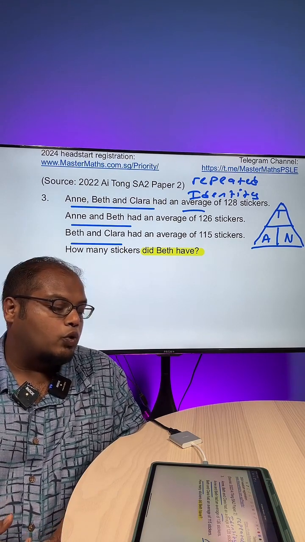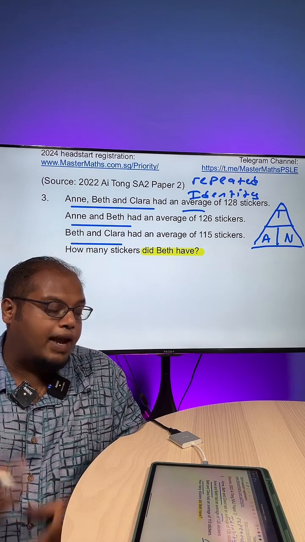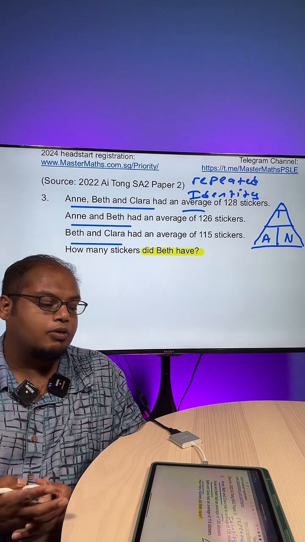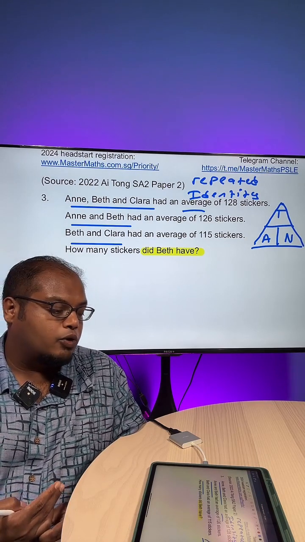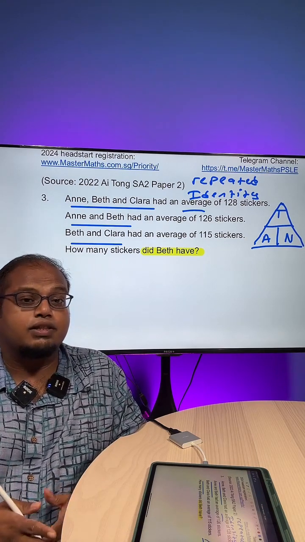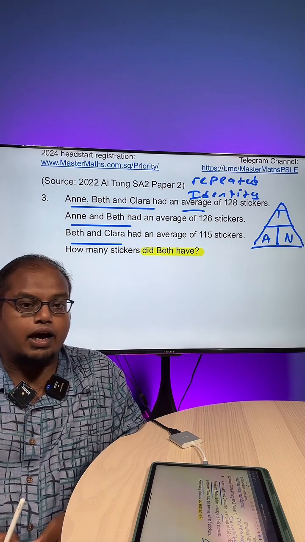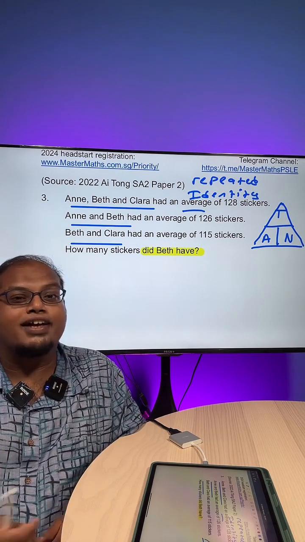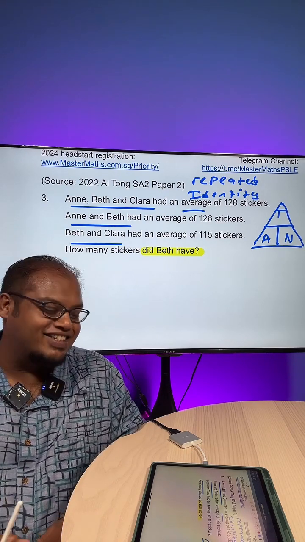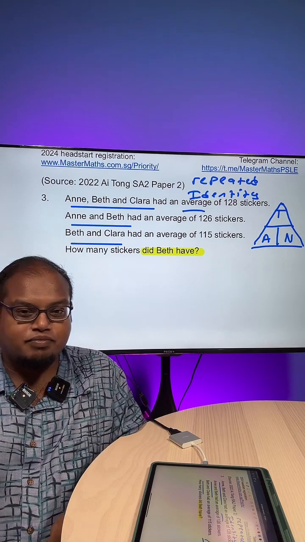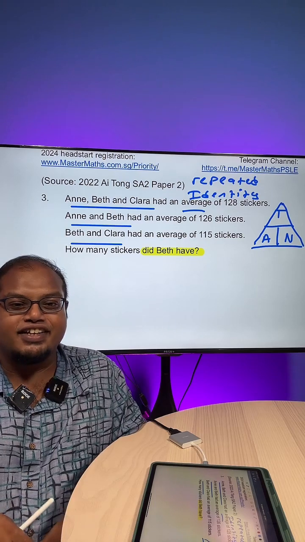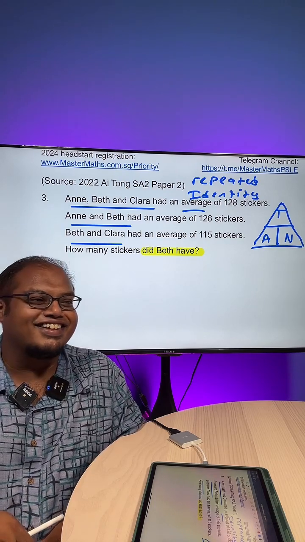And for the second line, it's about Anne and Beth, so 2 persons now. What is missing again? So you need to find something first, then you compare between their total amount. I accidentally gave some additional hints there. Okay, 4 minutes for you all to try.